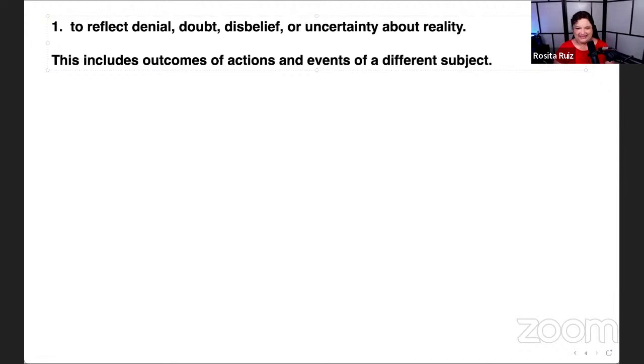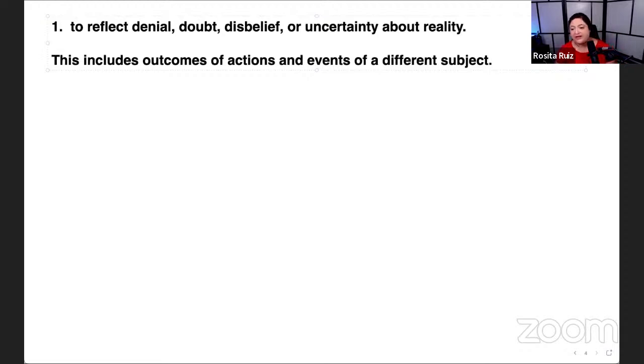If you just have two subjects, it's the second one that's going to be the subjunctive. When the sentence expresses one of these things and is referring to the second subject, it's going to be in the subjunctive.